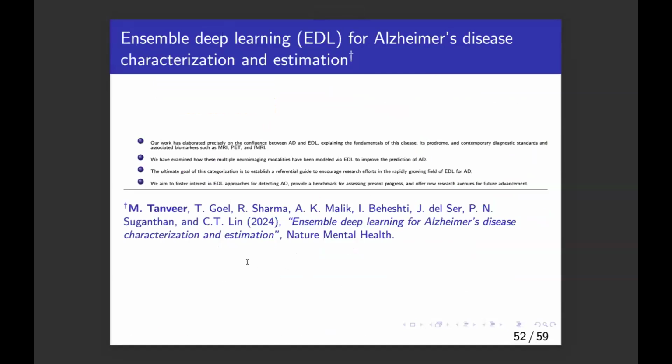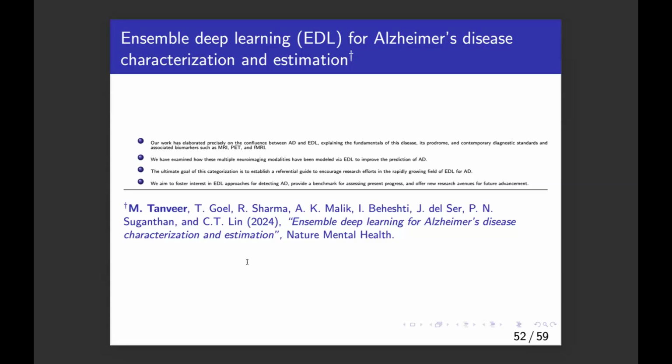Another very important recent work was published in Nature Mental Health. The title is Ensemble Deep Learning for Alzheimer's Disease Characterization and Estimation. We know that Alzheimer's disease is a neurological disorder, characterized by accumulation of amyloid plaque and neurofibrillary tangles in the brain.